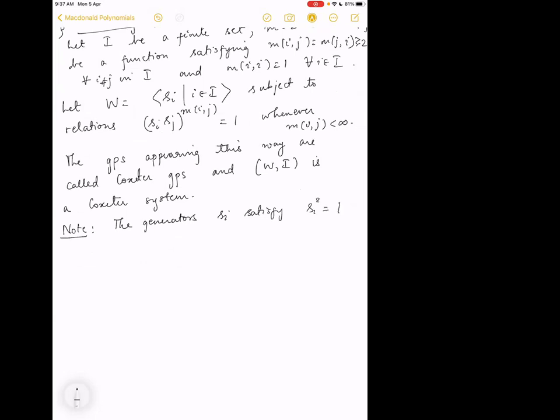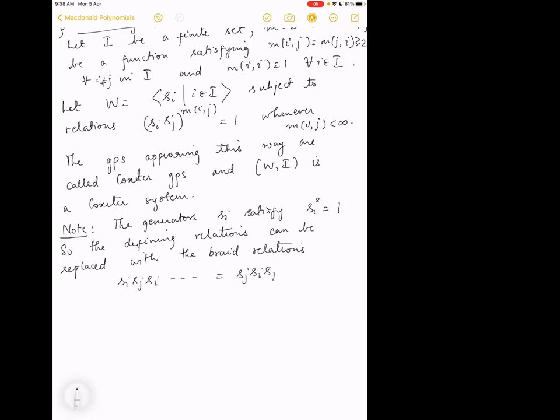So the defining relations can be replaced with the braid relations, s_i s_j s_i and so on equals s_j s_i s_j and so on, for all i not equal to j in I, whenever m of ij is less than infinity, and the quadratic relations.